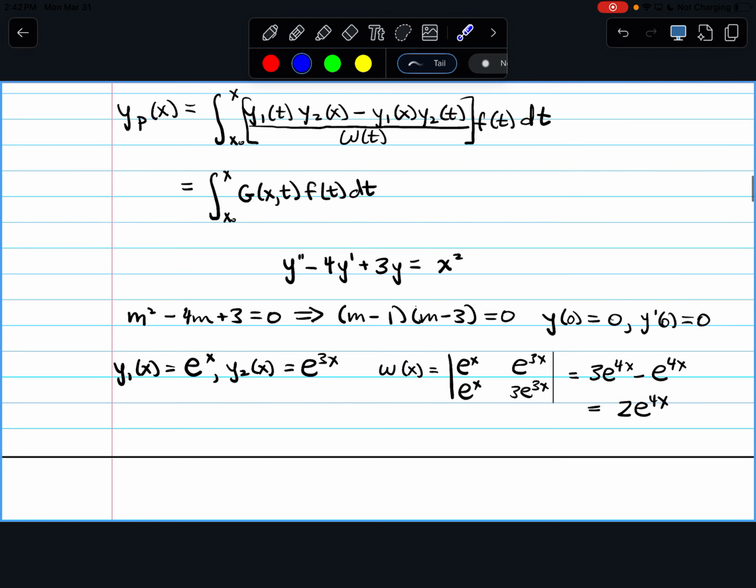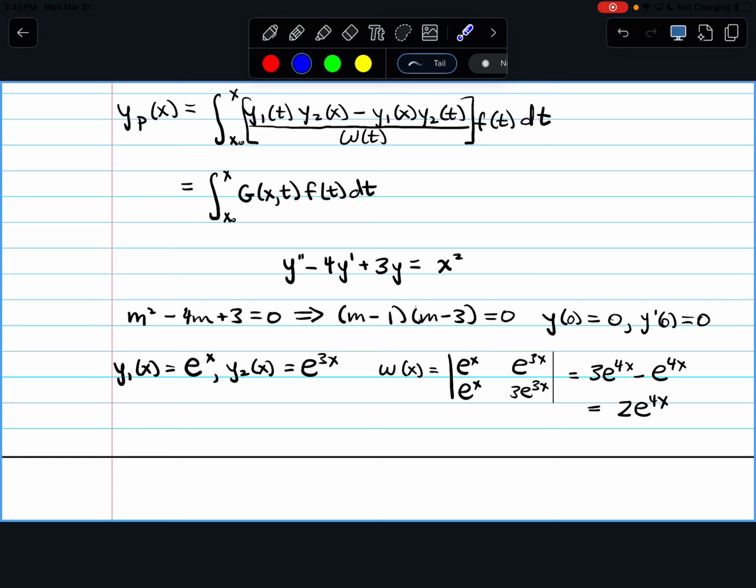Okay, so we're going to use this to solve differential equations. So let's suppose that we have this differential equation right here. First of all, I want to find the homogeneous solution to the associated homogeneous differential equation. We know how to do that. I assume the solution is e to the mx, and I get my auxiliary equation.